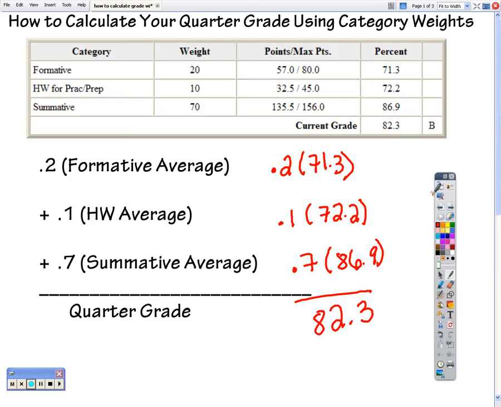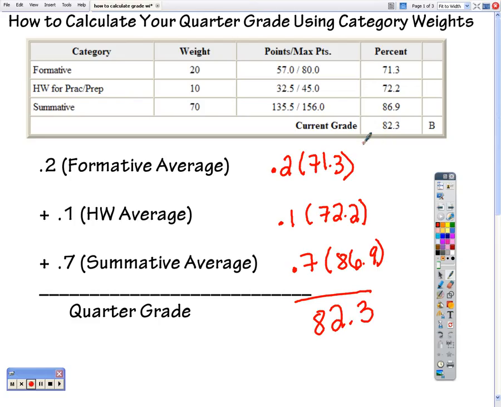Now, for each assessment or homework, you're competing with yourself in each category. So if you have a summative coming up, this student would need to earn higher than an 86.9% on that summative to raise their quarter grade. If they earn lower than an 86.9, they'll lower their quarter grade.